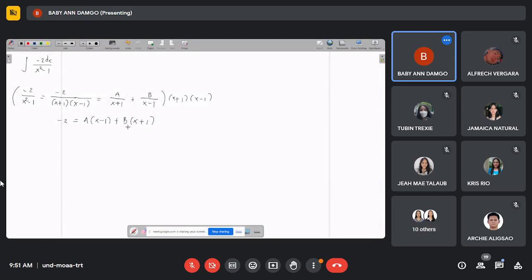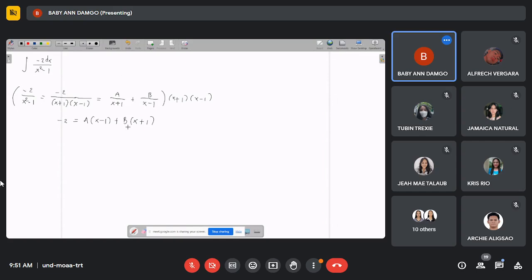Okay? So we have two processes. First, the goal is to make one of the terms 0. So we let x be equal to 1.